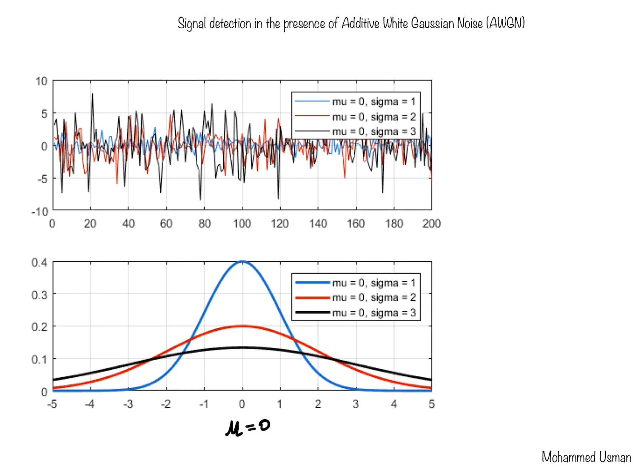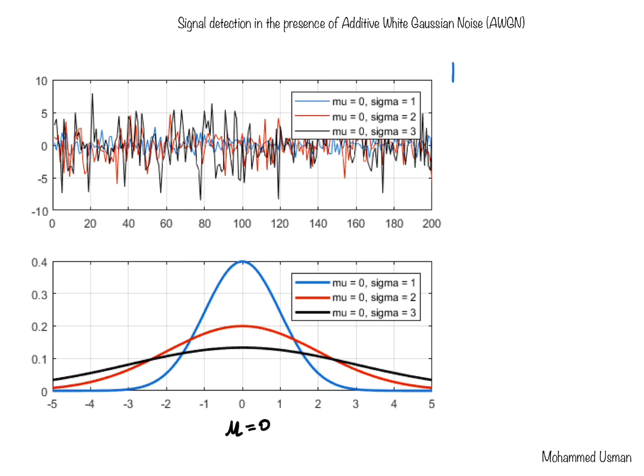Like in the previous case, we can write the expressions for the Gaussian PDFs for the three signals here. All of them have the same mean value, but their standard deviations are different.